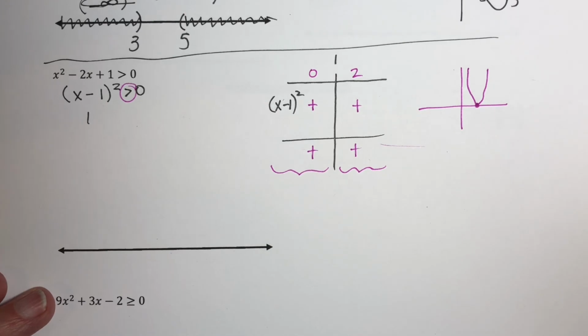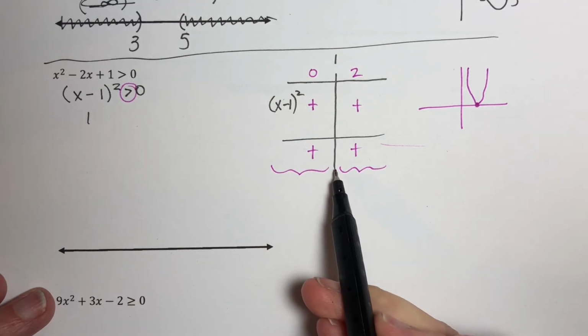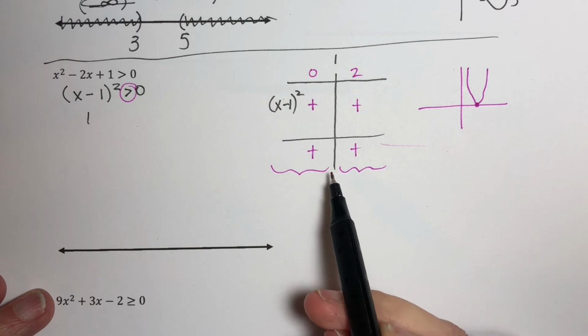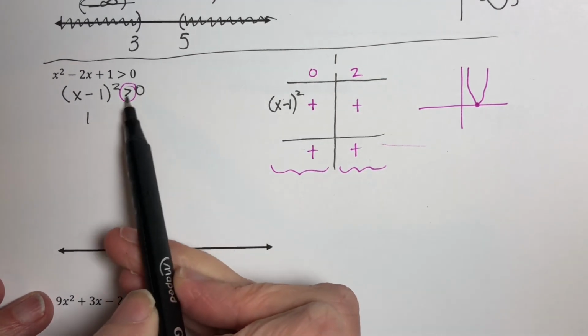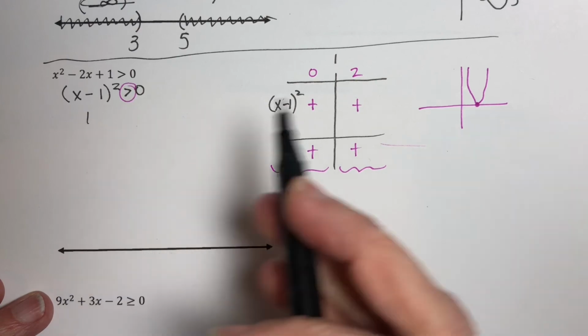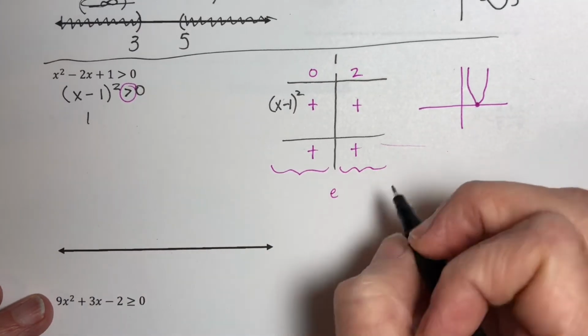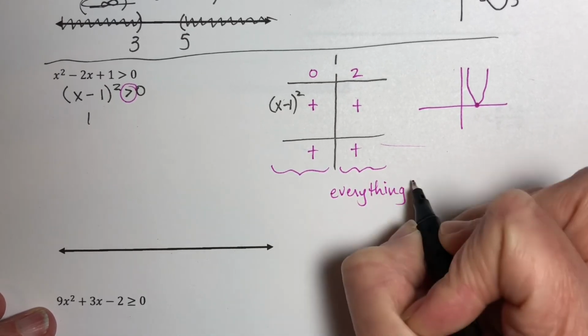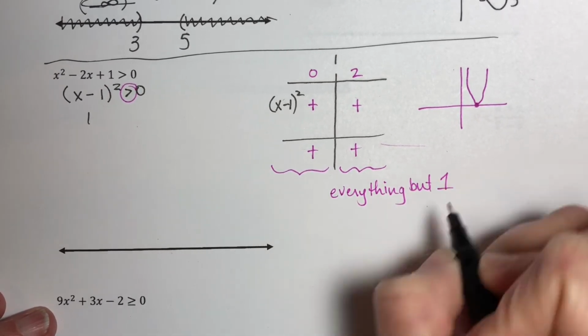Okay, well, you might be tempted to say all real numbers, and it might still be, but we have to check, because at 1, we get 0, and 0 is not positive, and 0 is not negative, so we need to see if we are allowed to equal 0. And if you look right here, it does not have an equal to on it. So basically, everything but 1 is part of the solution.